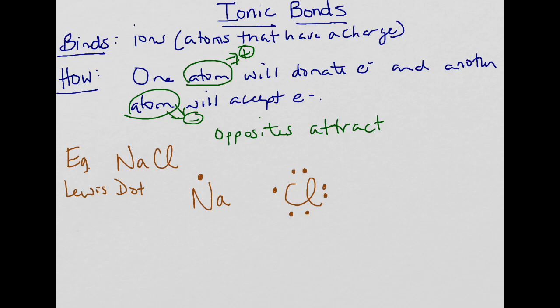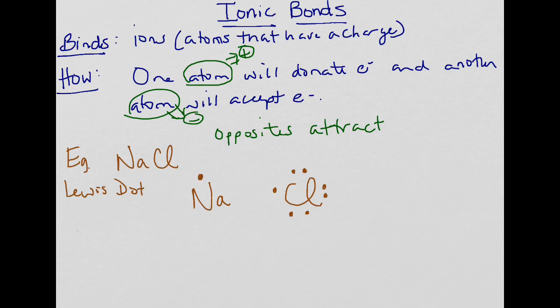Sorry about that, had to walk away. The chlorine has 7 in its outer shell. And remember, these are happy when they have 8 in their outermost shell. So some of these atoms will accept electrons from other atoms, and some will donate them.